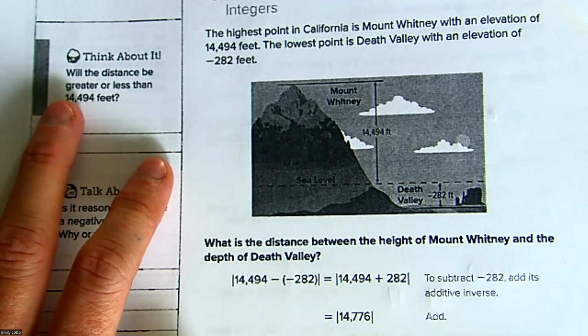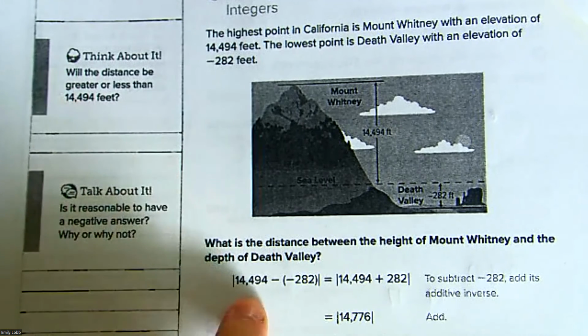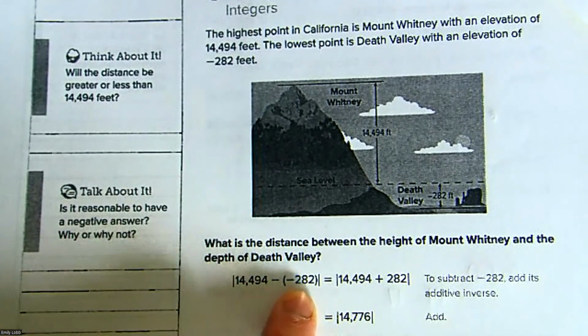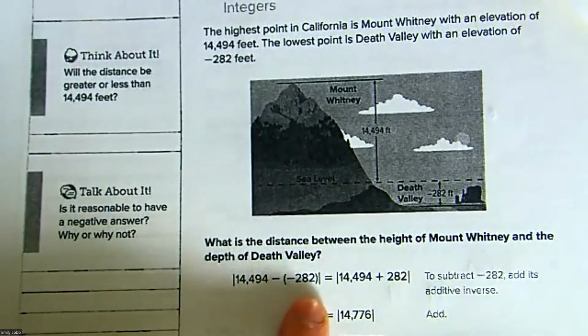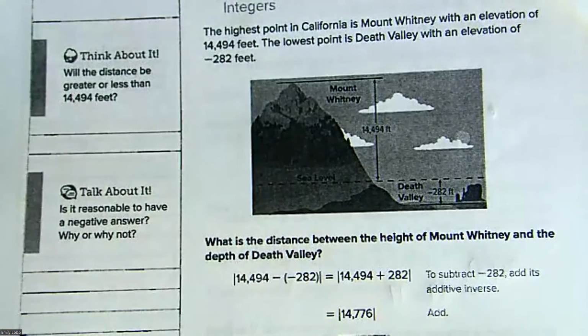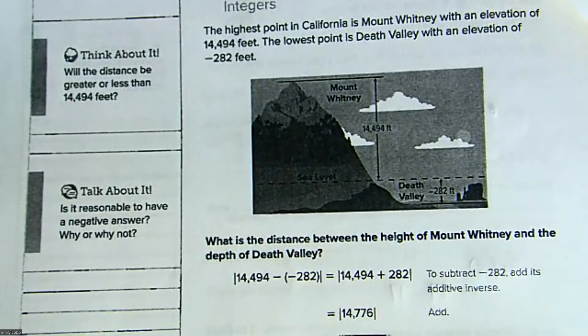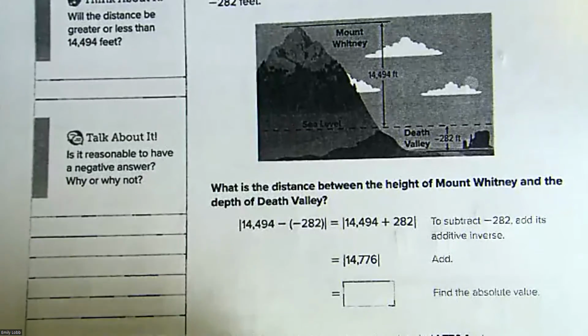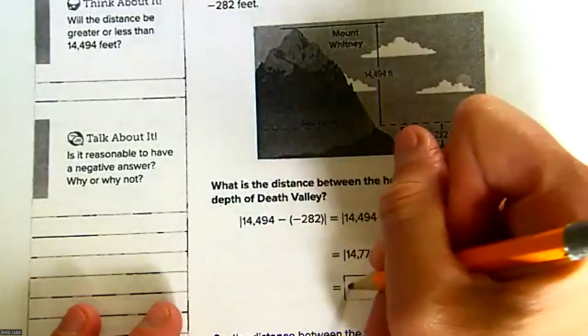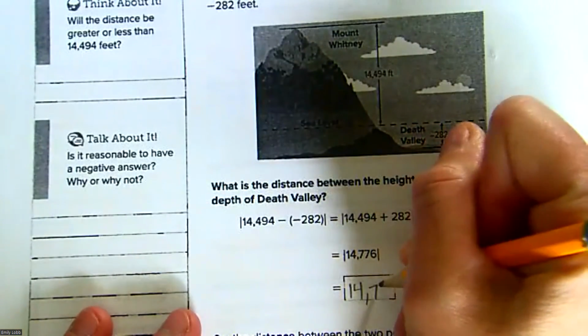So they wrote it out. They took the first height and subtracted the second height. See what happens when you subtract a negative? You're really adding. So they added them together to get that. The absolute value of that is still just that.